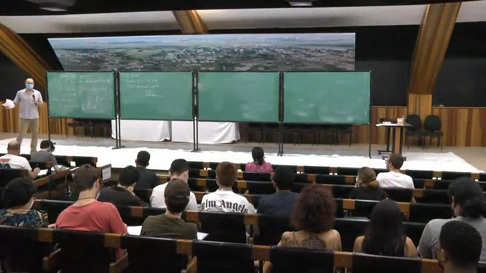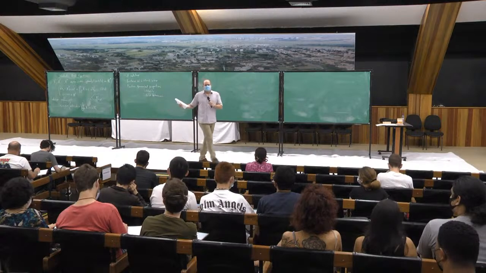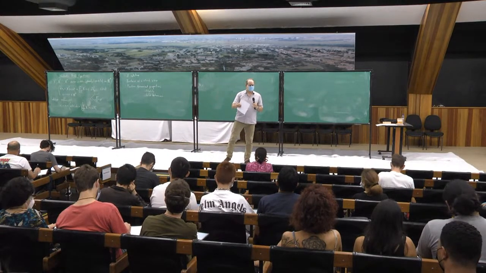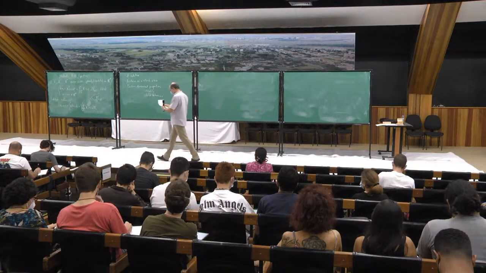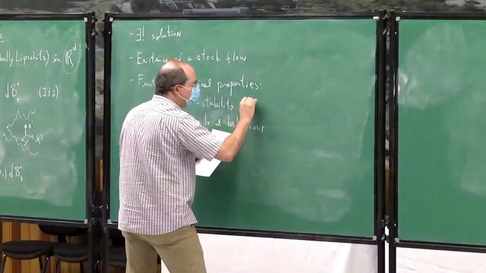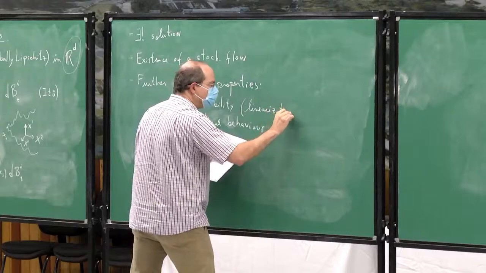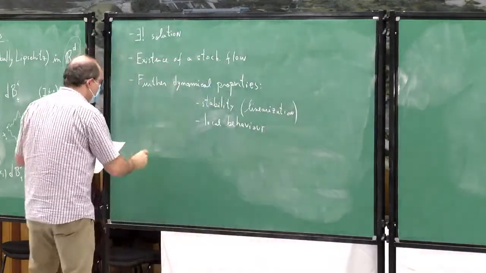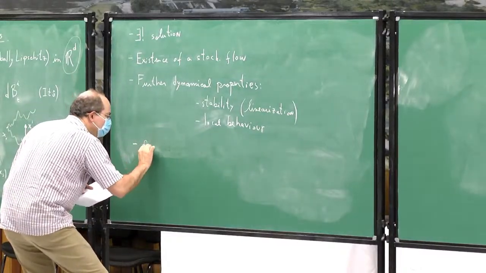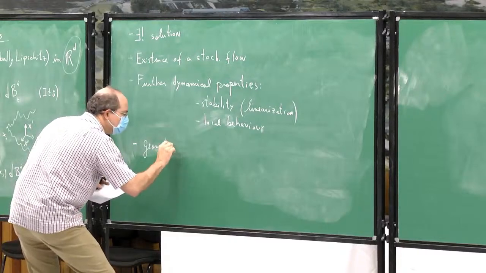So more or less, for many dynamical systems problems, we can now ask the same for stochastic systems in this context. Linearization, well, stability includes linearization. We can also include, as I said, how to put this in a geometric context.